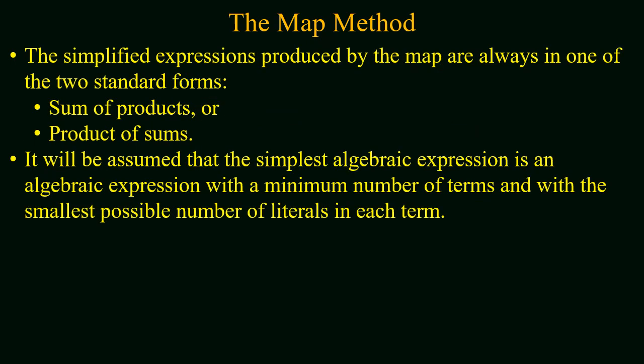The simplified expressions produced by a map are always in one of the two standard forms. The first one is sum of products and the second one is product of sums. Now here it is assumed that the simplest algebraic expression is one with the minimum number of terms and the smallest possible number of literals in each term.